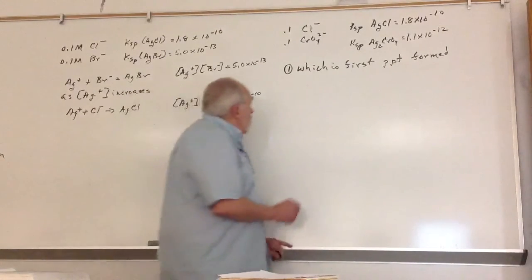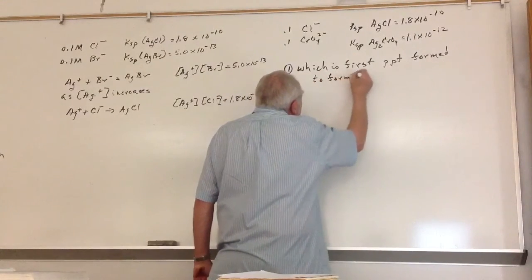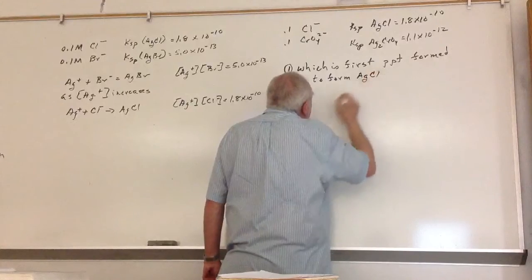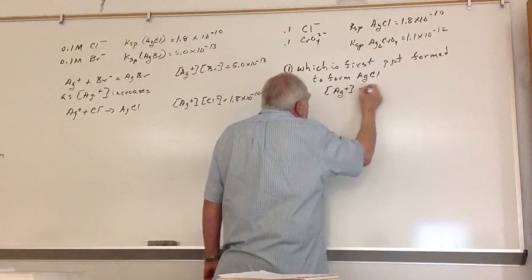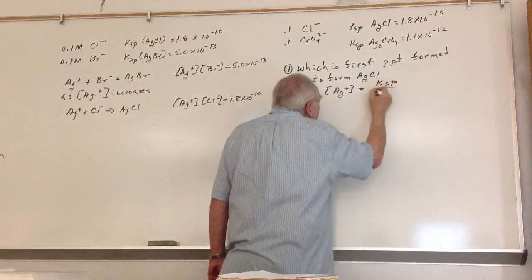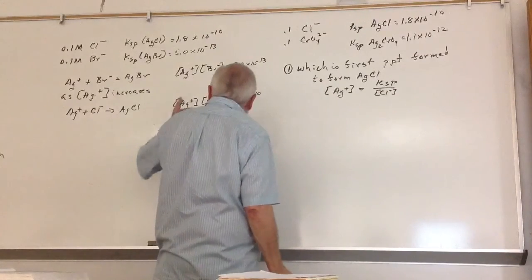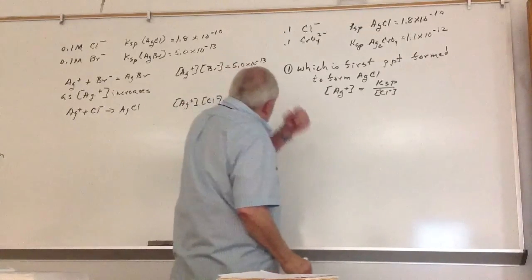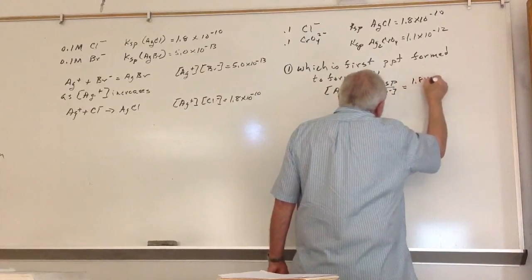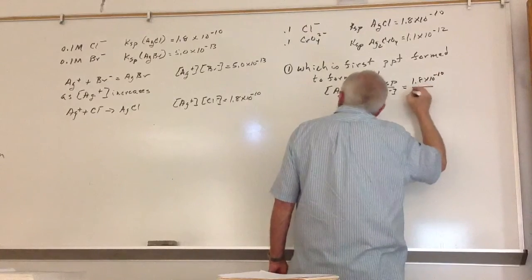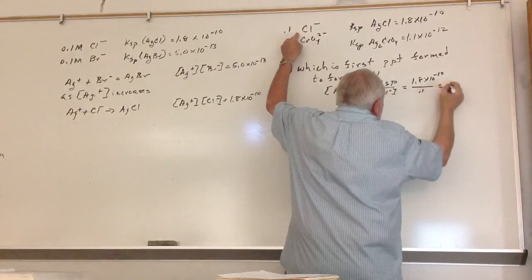So to make silver chloride, for instance, the concentration of the silver ion is going to be, all I did was a little algebra here, right? Because here's my reaction, so it's KSP over chloride ion. It's 1.8 over 0.1, which is the original chloride, which gives me what?